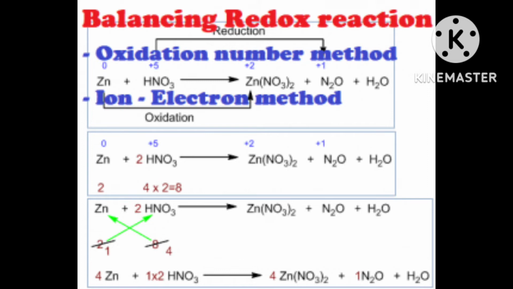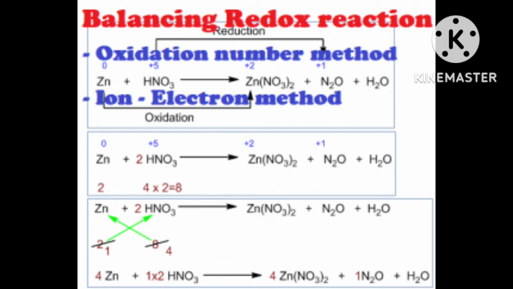Now just separate: first the oxidation reaction has been written. Now you have to write the half reduction reaction. In Cr2O7, chromium has a +6 oxidation state.